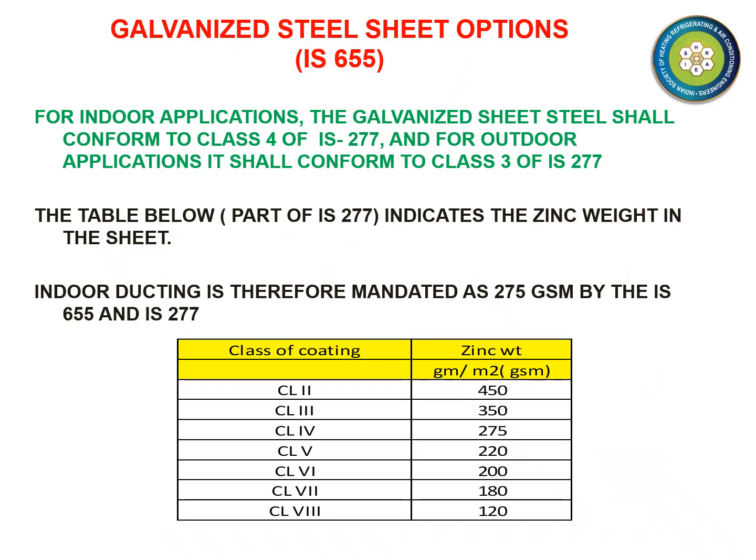Depending on the weight of zinc in grams per square meter, we have different classes of coating as shown on this slide.